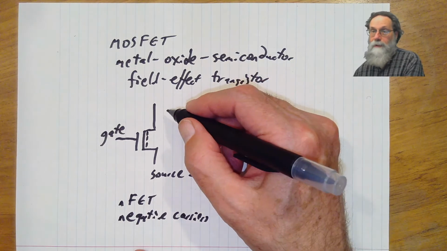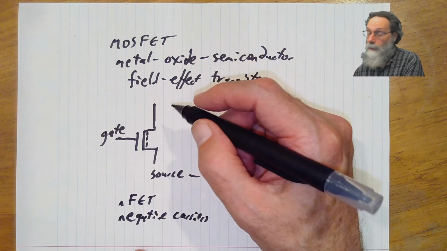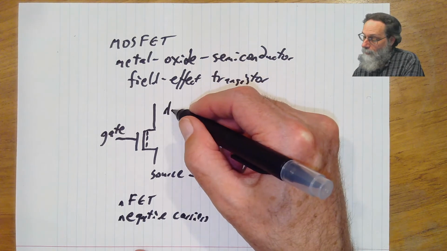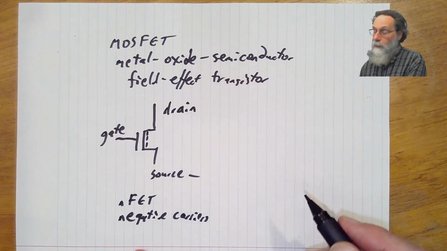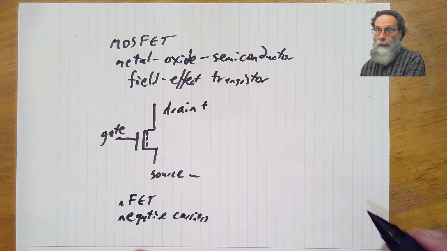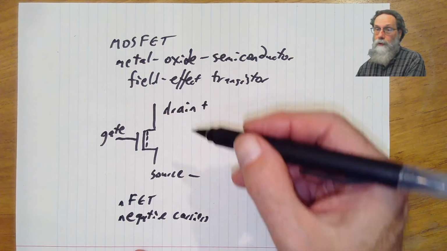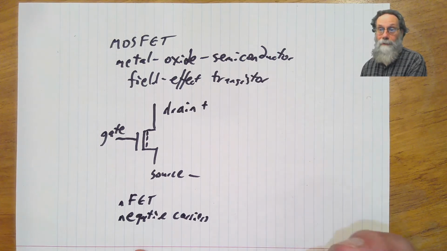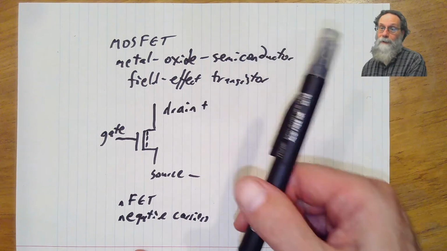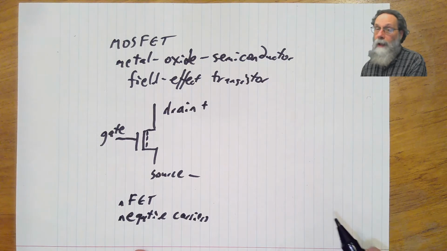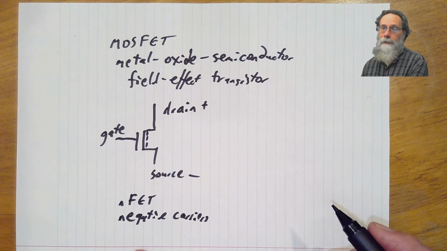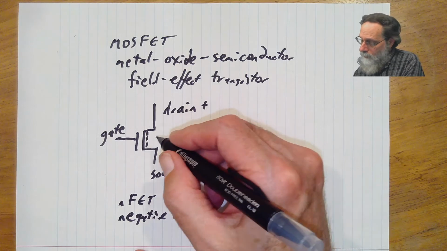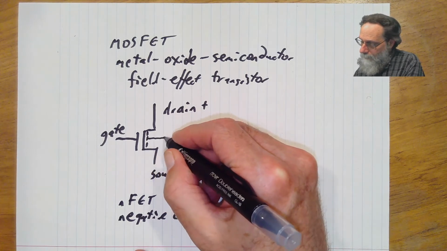The other end, where the carriers are taken back out of the device, is called the drain. So the electrons in an NFET move from the source to the drain. The conventional current flow will be in the opposite direction, from the drain to the source.